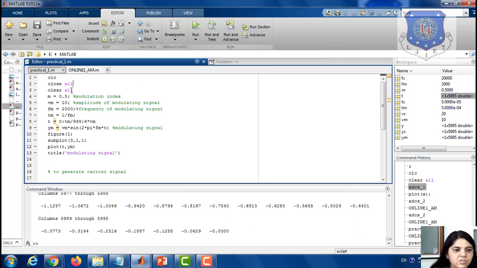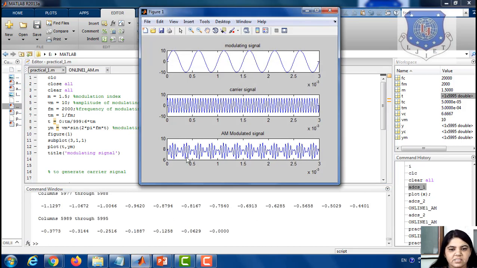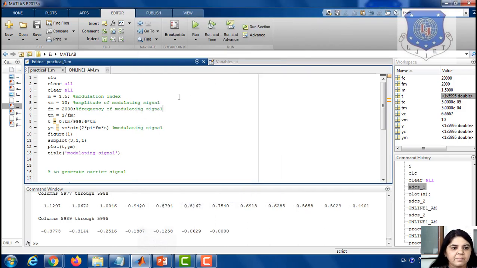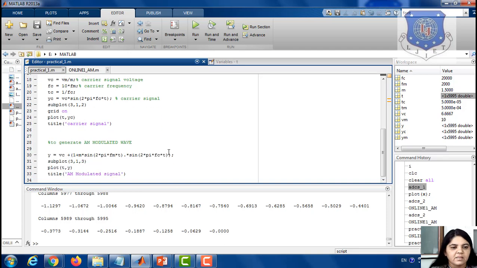Similarly, we can also check it for m greater than 1. You can see that this is the waveform for m greater than 1. So this way we can generate the waveform for various values of the modulation index.